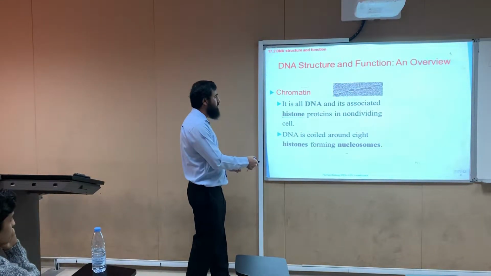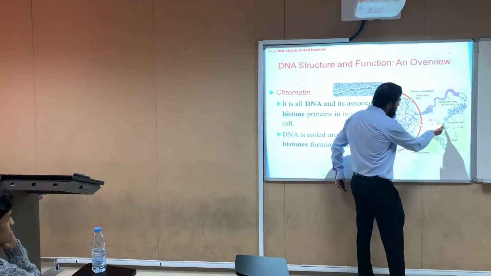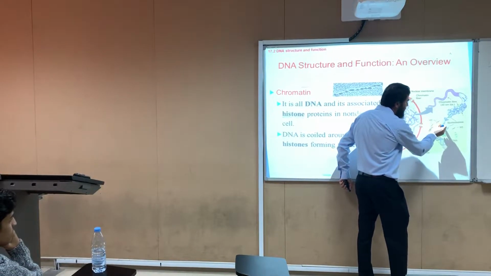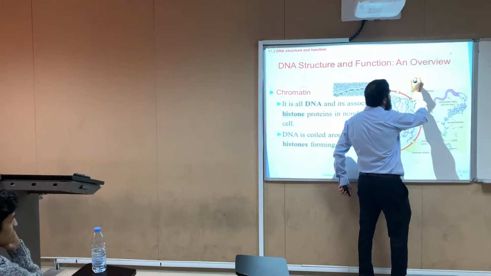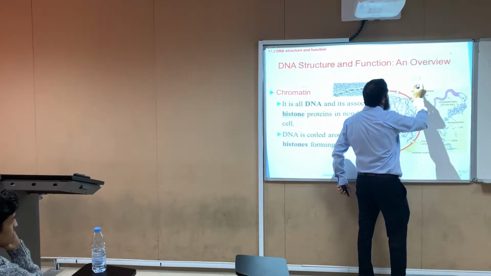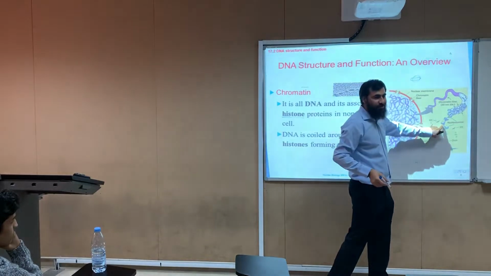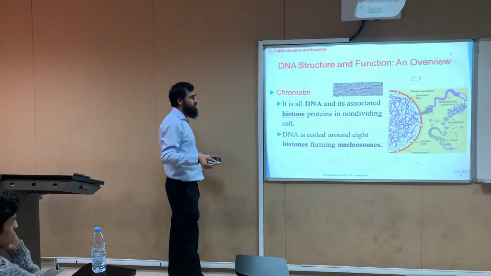Now, if we see here, this is actually the histone proteins right there, and the DNA is wound around. So if you have a look at the histone, it's like that, and then DNA is wound around it like that. All right? I'm not a very good artist, but that's what it looks like, okay? So that's what chromatin is.